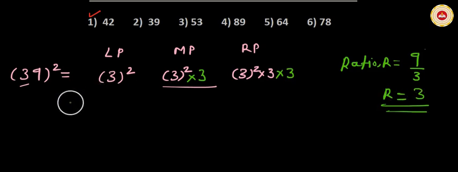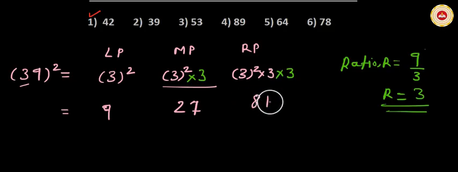Now let us solve further. 3 squared, 9. 3 squared multiplied by 3, 9 multiplied by 3, 9 threes are 27. 27 multiplied by 3, 27 threes are 81. So write 81 in the right part.